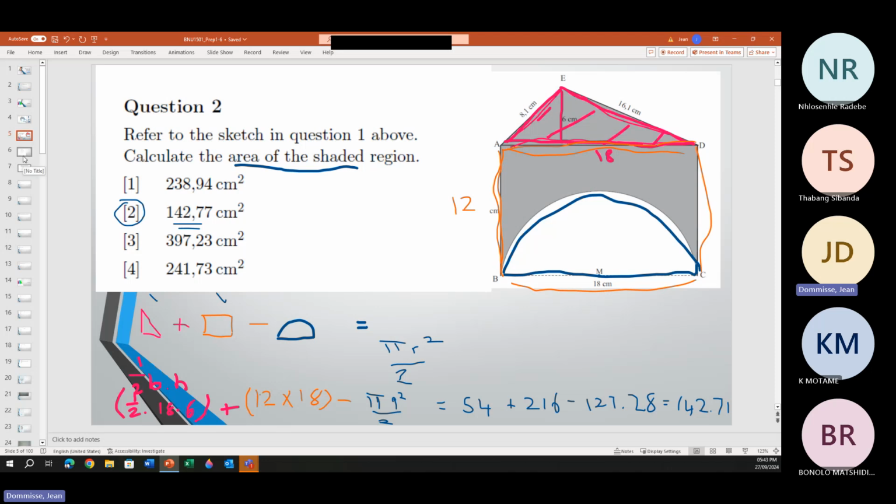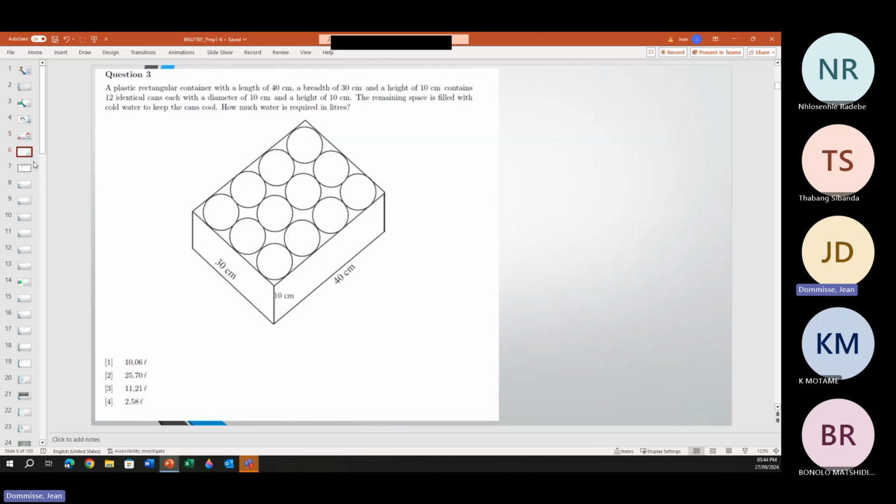Okay, so let's see what else. Okay, so now we're doing a bit of a combination of measurements, then linking it back to liters. So you're basically going from volume back into a conversion of liters.